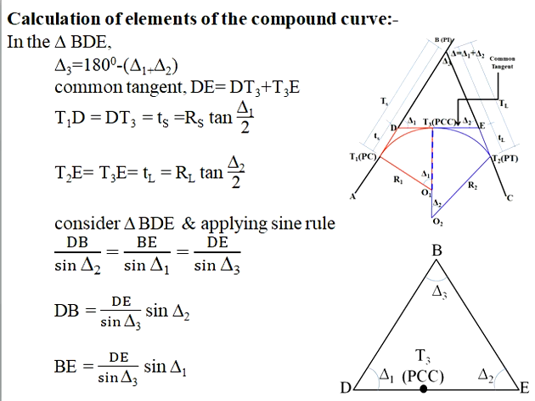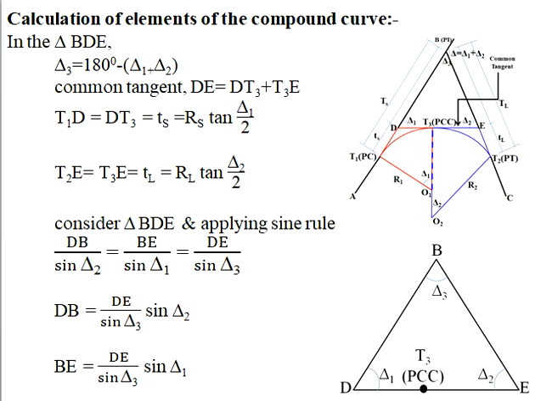The length of common tangent DE, if we see the common tangent clearly, it consists of two parts, that is DT3 and T3E, and these two parts are one of the tangents of two curves, that is tangent length, which are calculated as shown.